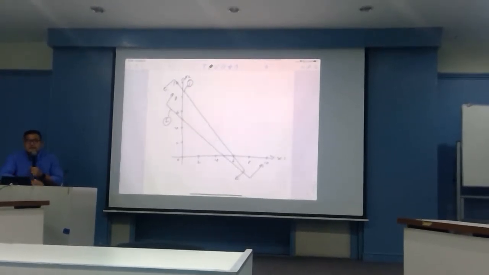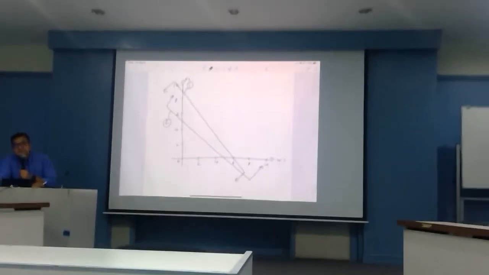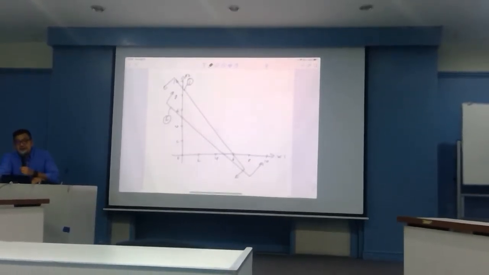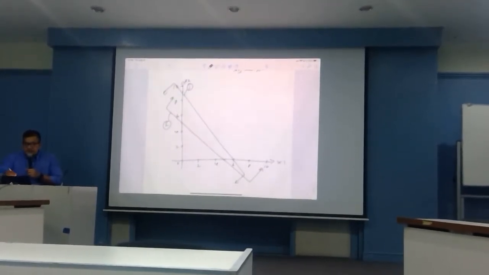So this is the second constraint. What next? The third constraint, x1 less than or equal to 4. So this is the graph of x1 equal to 4. Less than or equal, we go this way.